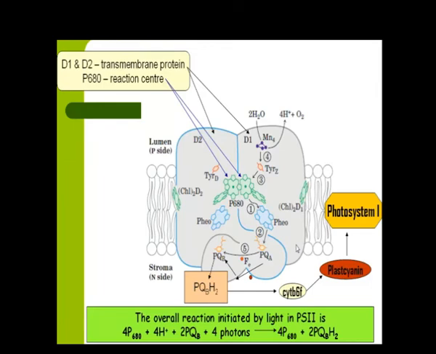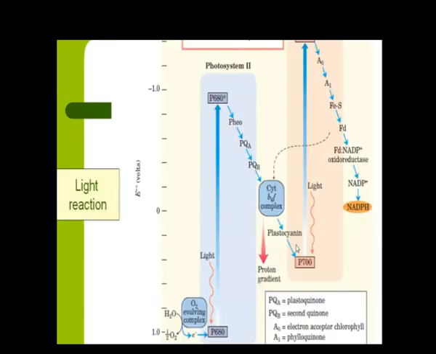Okay, this is complicated. This is the D1 and D2 transmembrane protein in which your entire complex is situated. The electron is coming from ferredoxin to cytochrome B6. Okay, no. This is the cyclic process; what I explained to you was non-cyclic. They have just combined the two together.